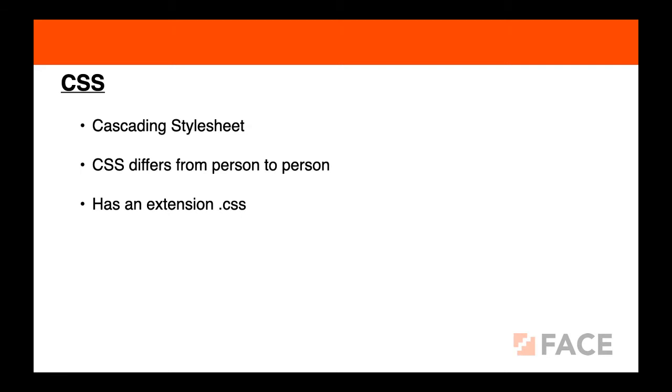CSS has an extension of .css, as we had for HTML files, where the extension would be .html. Apart from that, for the root styling sheet, for however many pages we have, we can have only one style sheet, or you can have as many style sheets as you want.